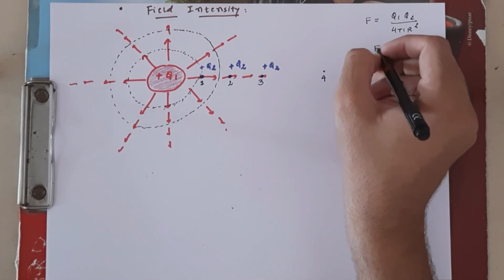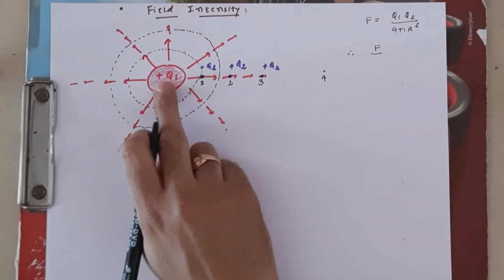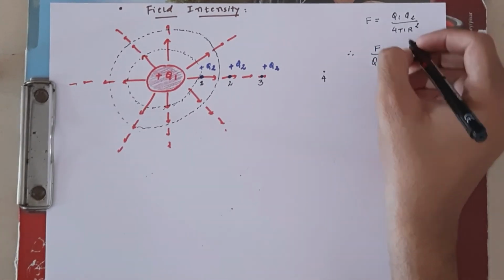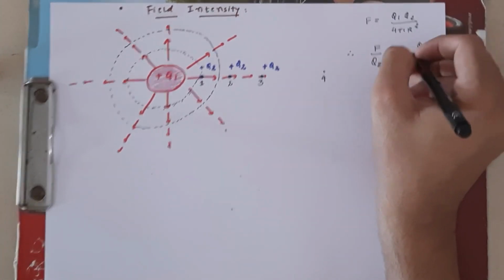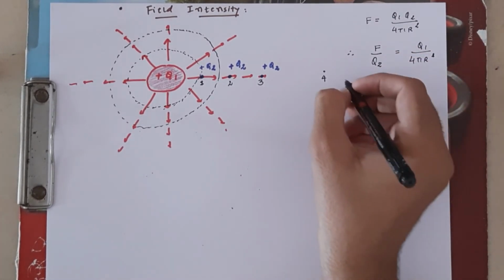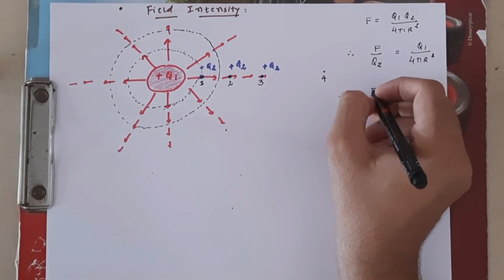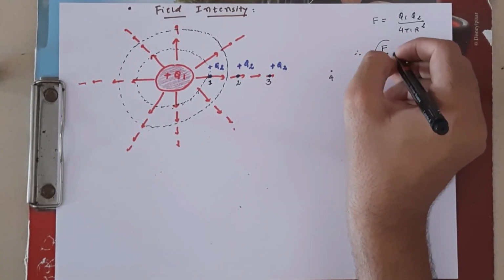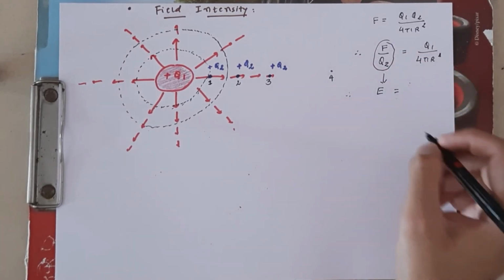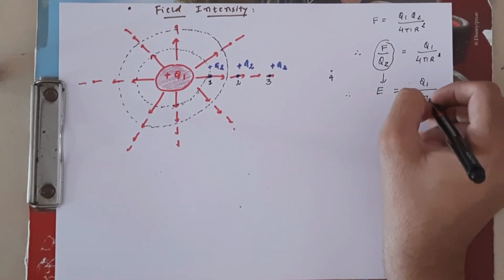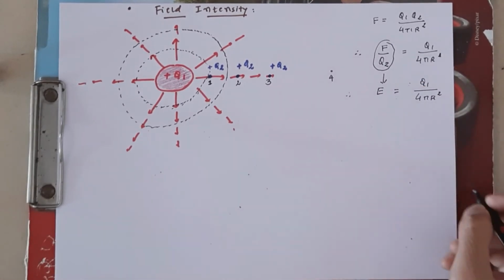Q1 applies force on the Q2 charge, so force per unit charge, Q1 upon 4 pi r square, is known as electric field intensity. E is equal to Q1 upon 4 pi r square.